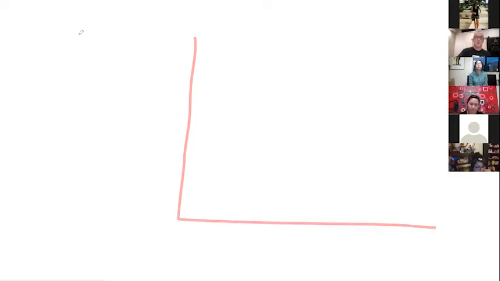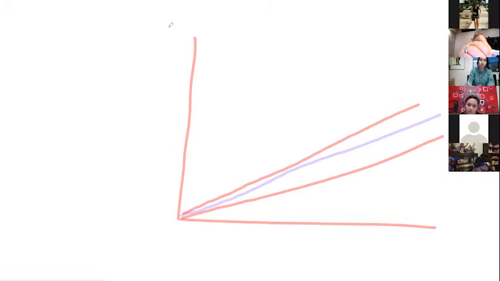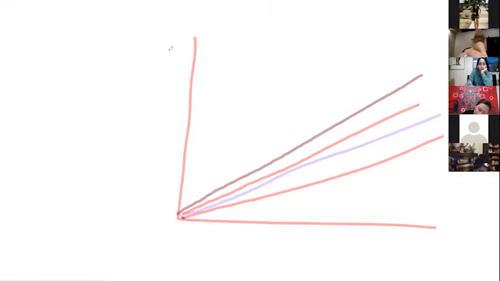So what we're going to do is plot all of our data on that same plot. So we're going to have water, and then we're going to have 10% sucrose, and then 20% sucrose, 30% sucrose, 40% sucrose, and so on.